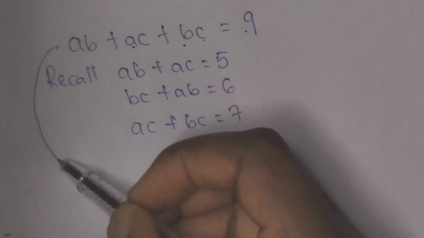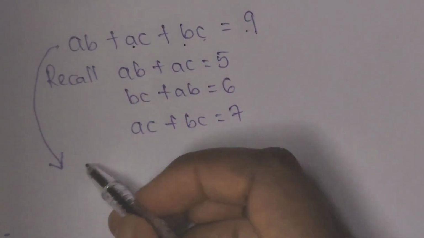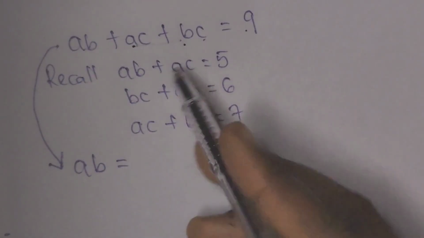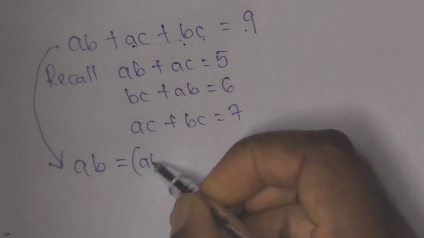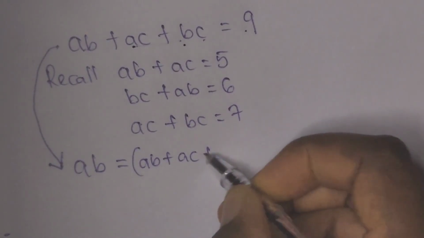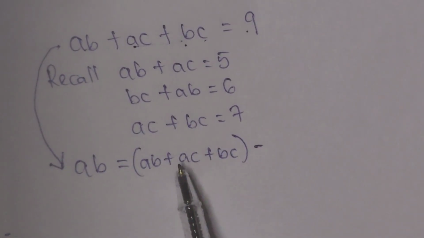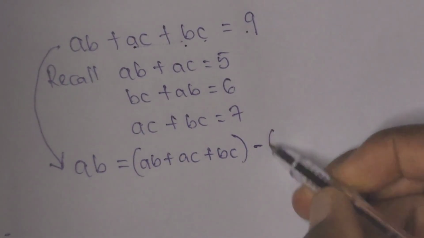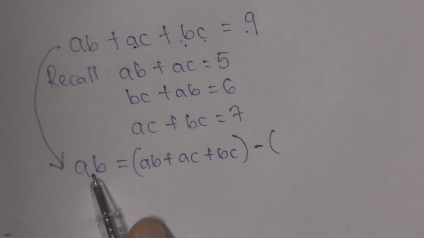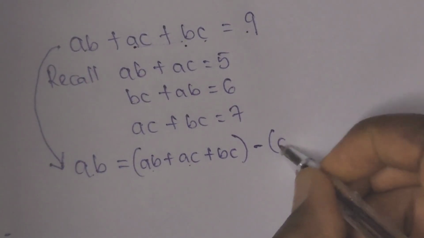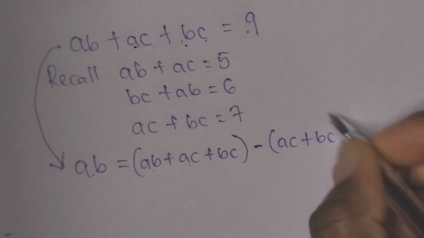So from here, we can have that AB is equal to this minus this. So we have AB plus AC plus BC minus, since we are looking for AB, we'll subtract AC plus BC.